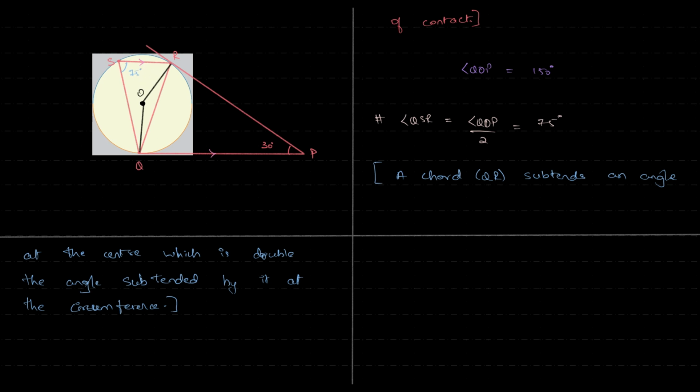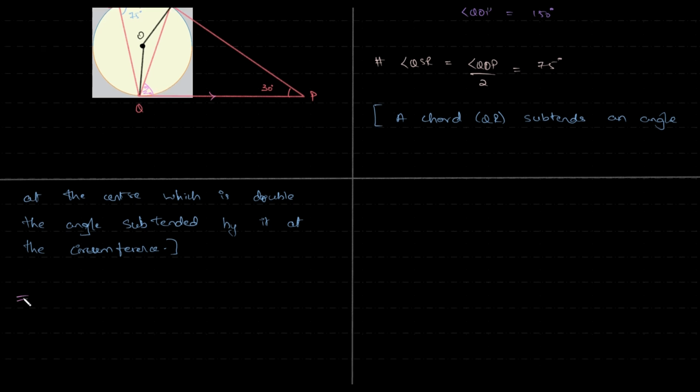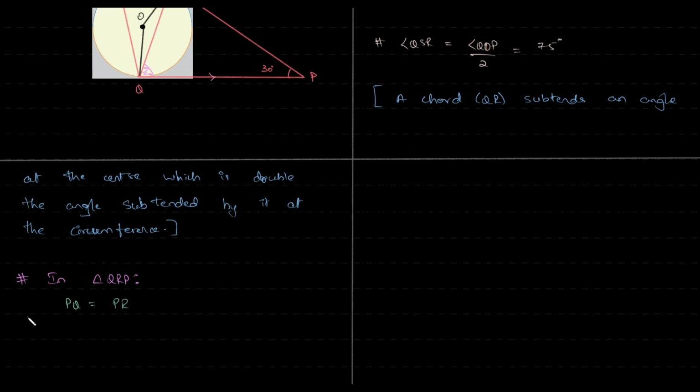And now on to finding this particular angle. Okay, we are almost there. So first we will consider triangle QRP. Here PQ is equal to PR, because they are tangents from the same external point.